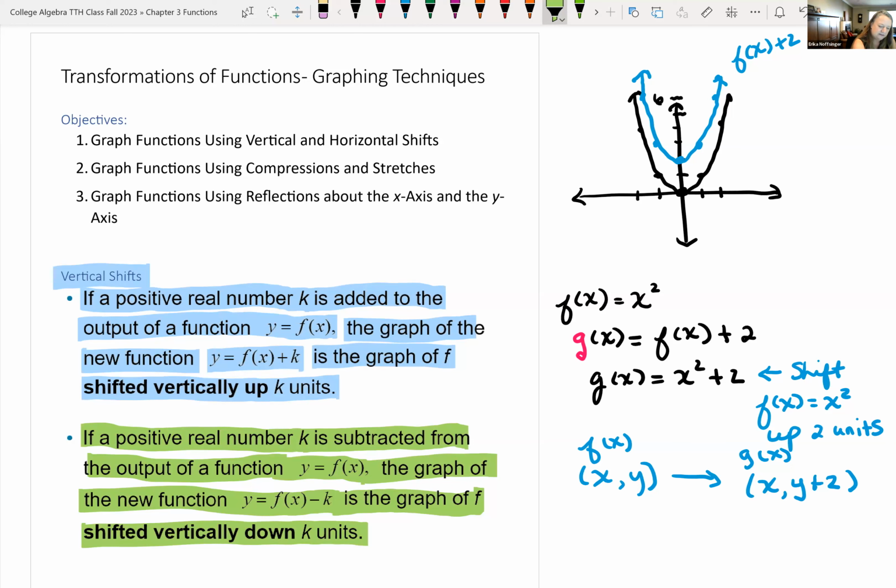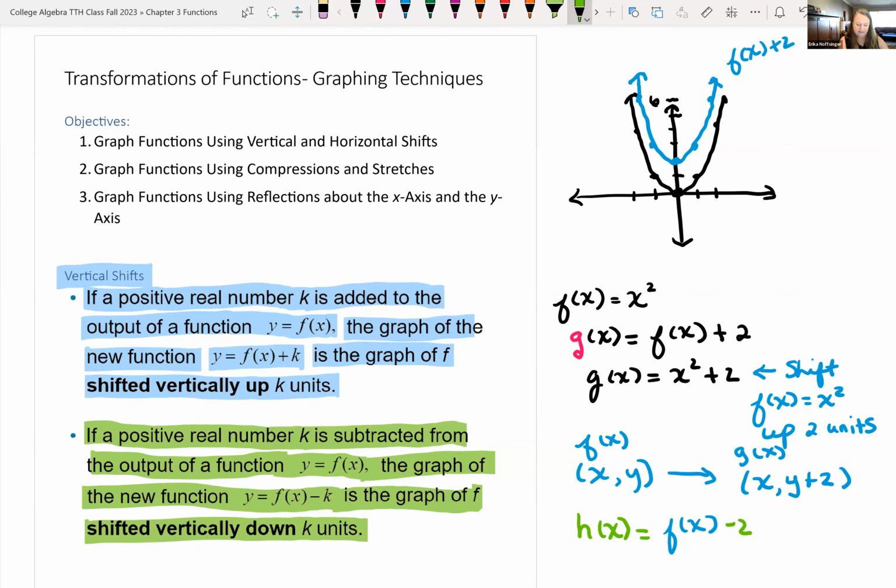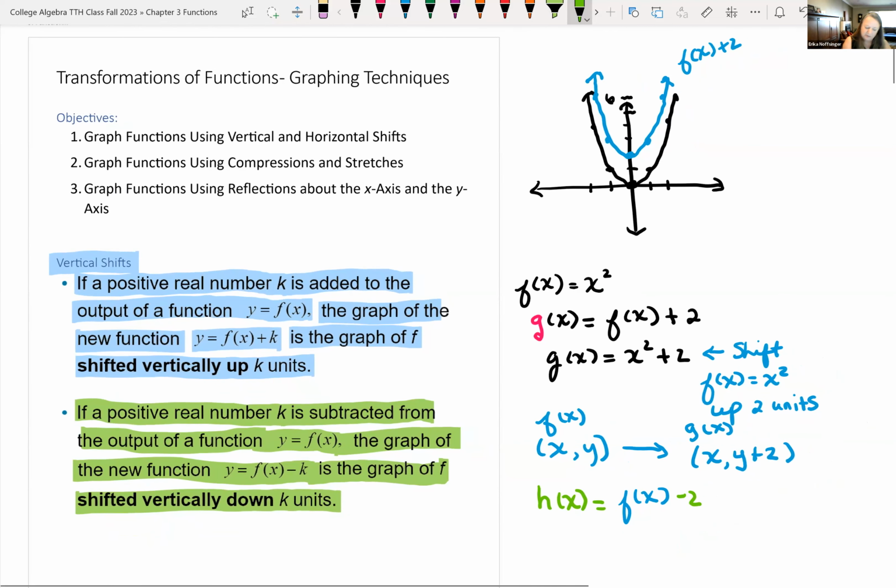And so for instance, if we had h of x equal to, let's say, f of x minus 2, then our point x, y on f of x is going to become x comma y minus 2 on our new graph.